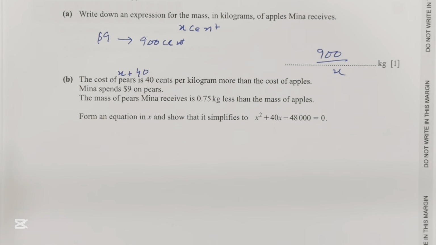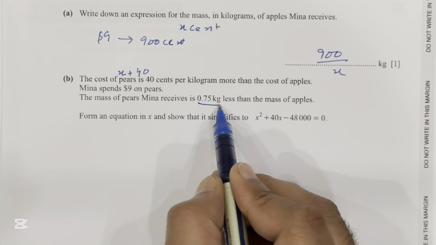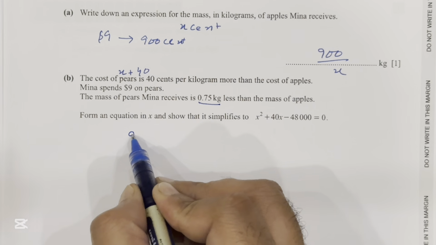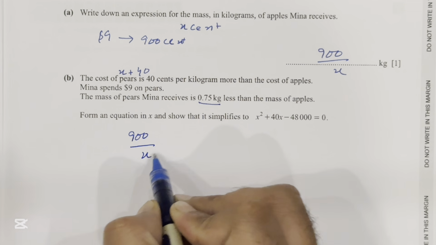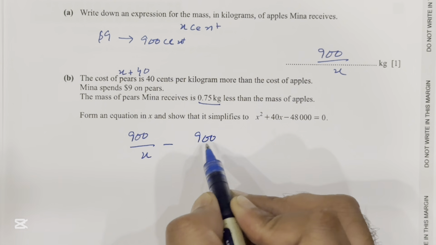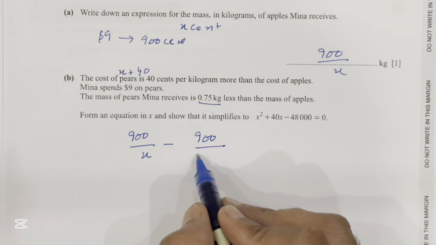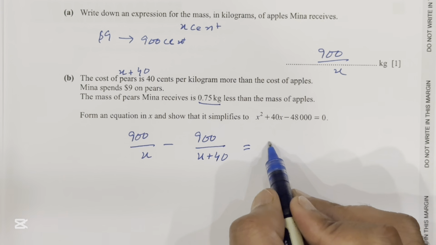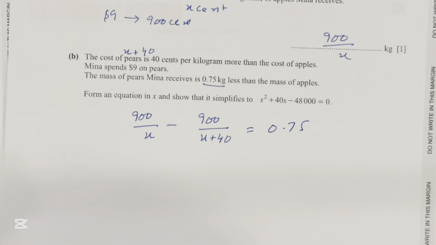The mass of the pear Meena received is 0.75 kg less than the mass of the apple. So you can make the equation now. 900 divided by x is equal to 900 divided by x plus 40, because this is the per kg and this is the per kg, and the difference is 0.75.